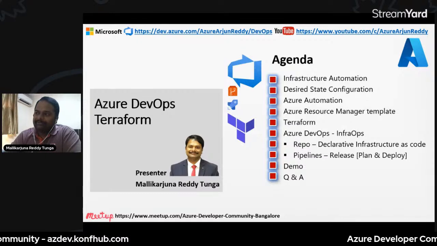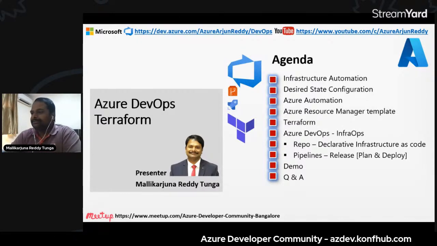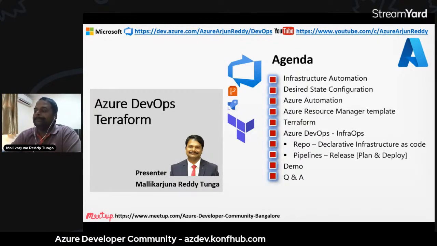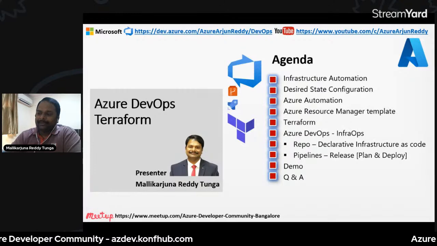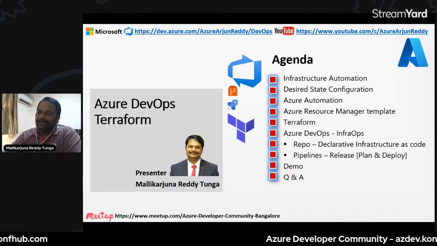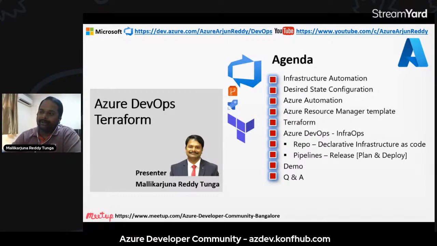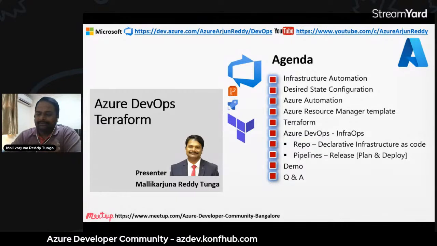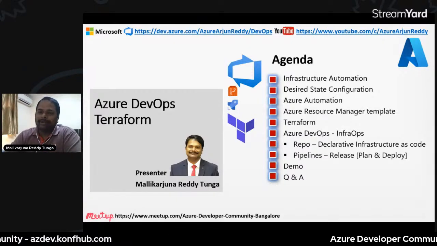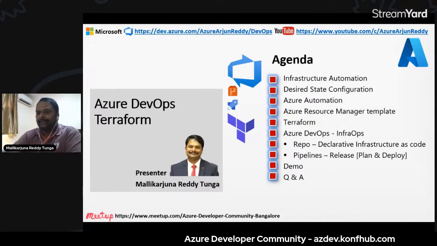We'll see the difference between ARM templates and Terraform, and why we are going ahead with Terraform. We'll see how to achieve infrastructure automation using Azure DevOps and Terraform, and how to deploy the most common item, a compute virtual machine, onto Azure using Azure DevOps. We'll see that during the demo.